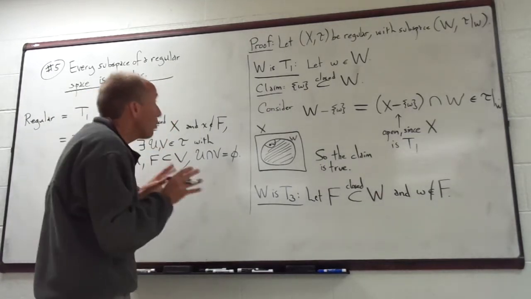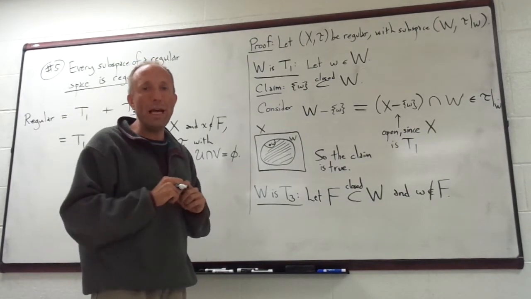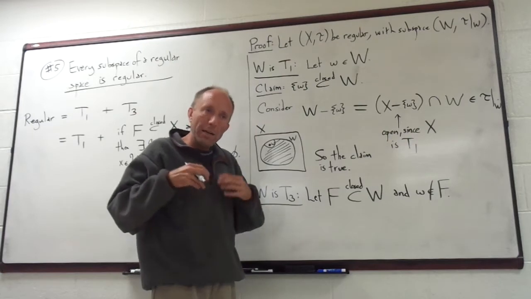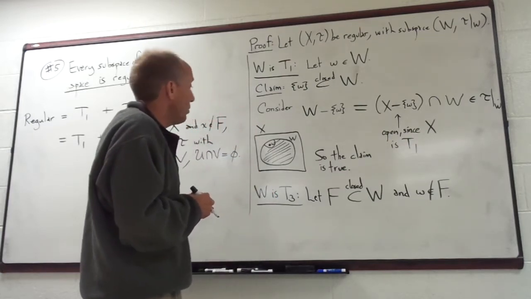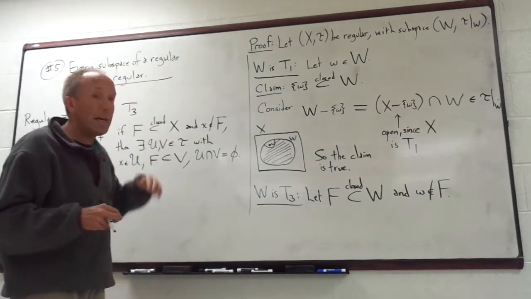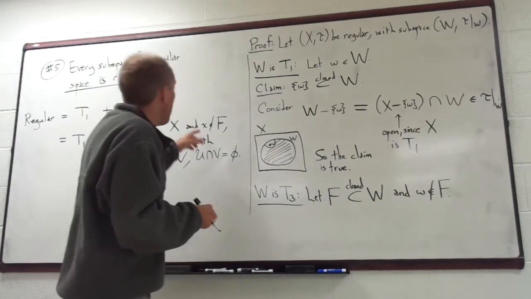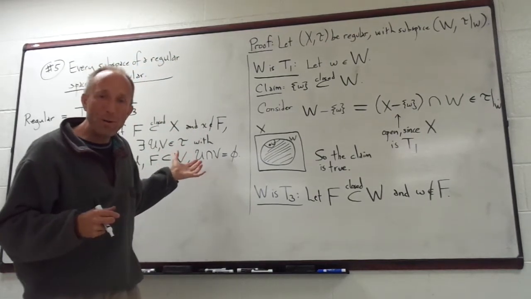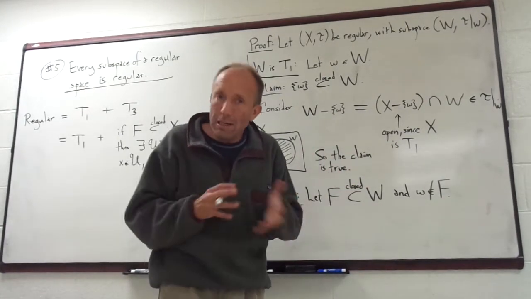Okay? Now we know already that X is T3. We're going to need to use that, of course. We're trying to show that W is T3, but I already know that X is T3. So if I can find a closed subset of X, for example, and a point outside of it, then we could use this property of T3 for X. That's what we need to be searching for.